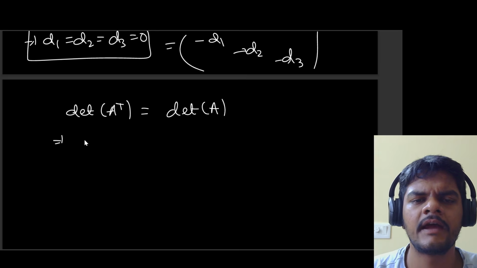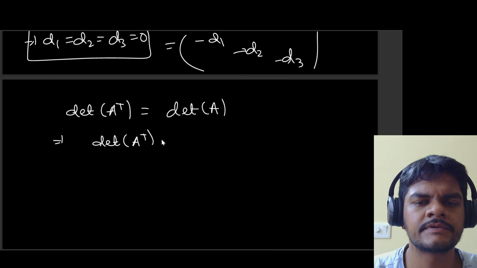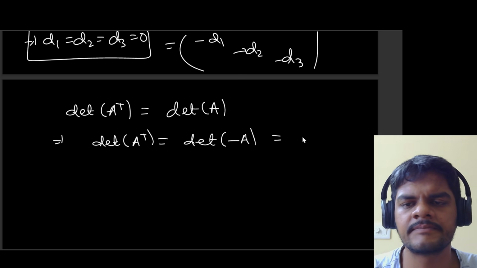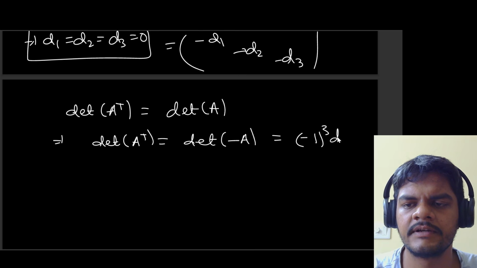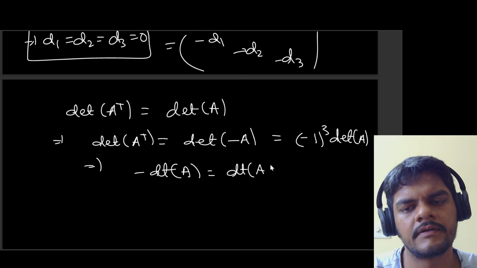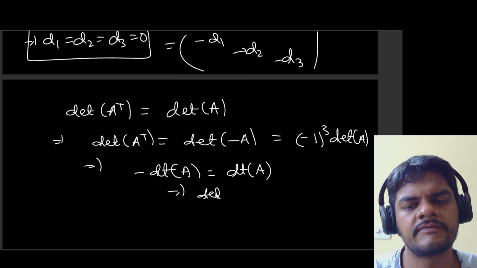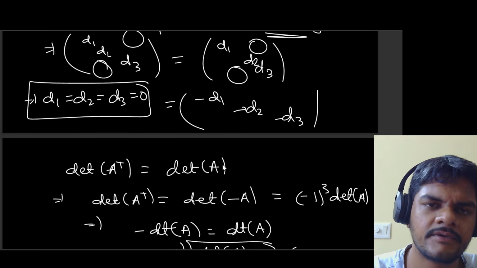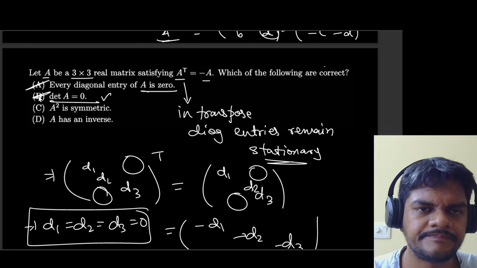That will imply that determinant of A transpose is equal to determinant of minus A as well. And what is minus A? That is minus 1 cubed times determinant of A. So minus determinant of A is equal to determinant of A, which implies determinant of A is equal to 0. That's it. So option B is also correct.